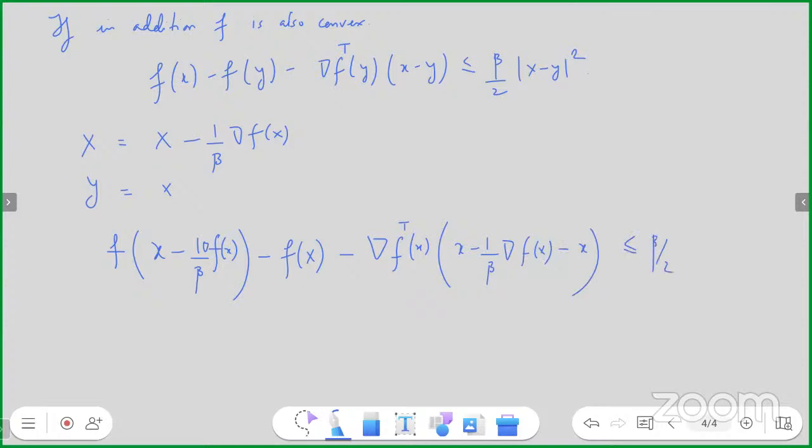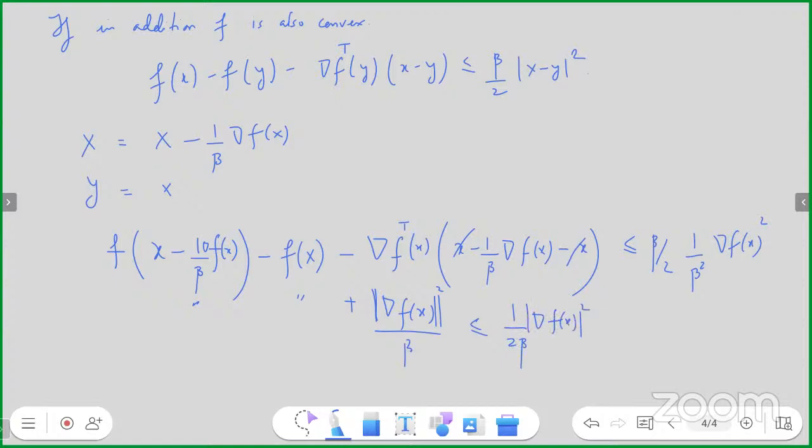This difference is simply 1 by beta square del f of x square. How much is this quantity? This goes away. Minus and minus gives plus, so this is as it is, plus del f of x by beta, less than or equal to 1 by 2 beta del f of x.